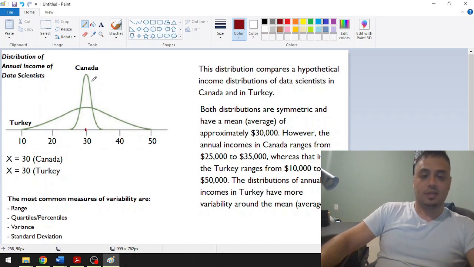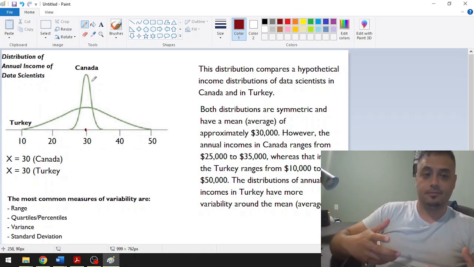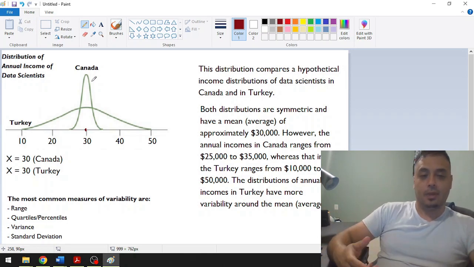What does this statement really mean? Although this is again a hypothetical data set, if this was established statistics, and we picked a sample, or asked a data scientist in Canada what their annual income is, it is most likely that they will tell you a number very close to 30,000.